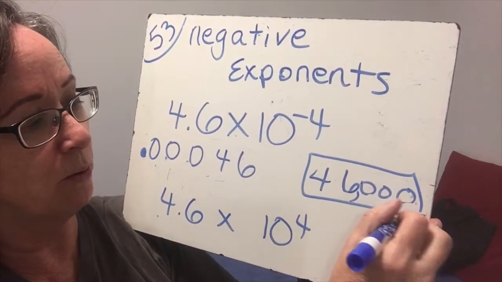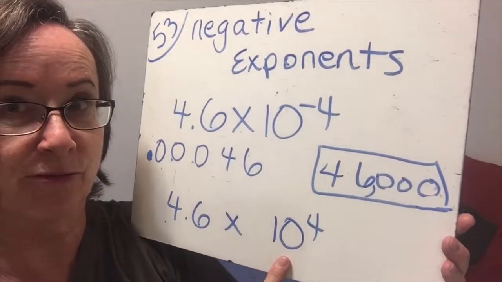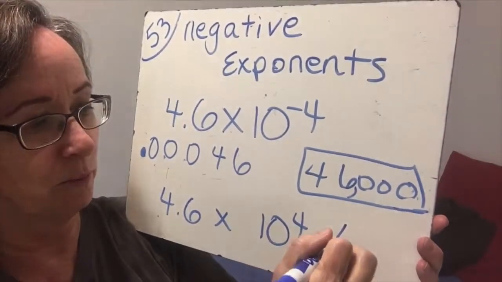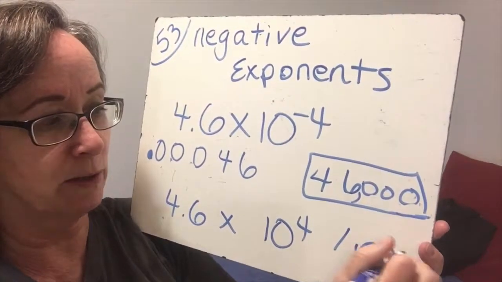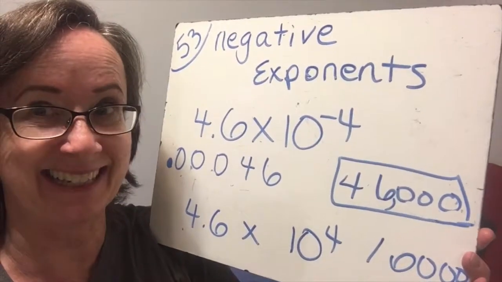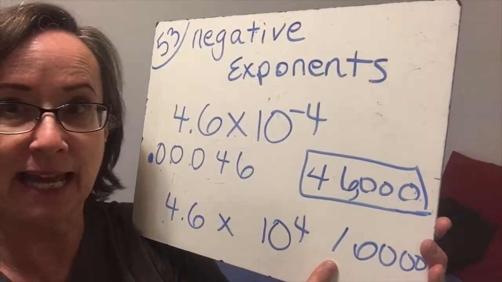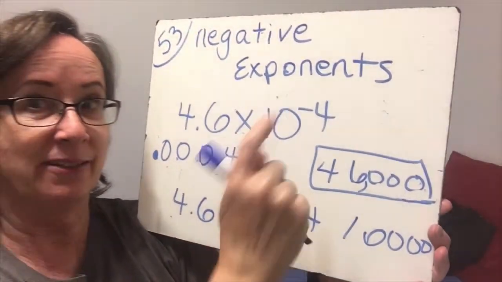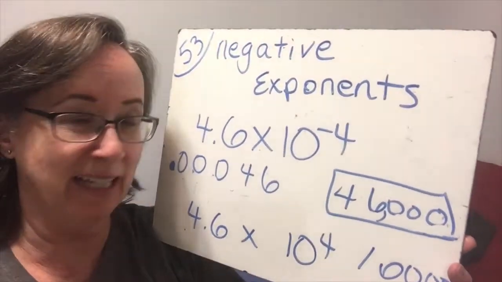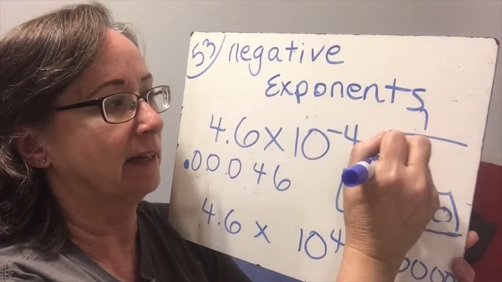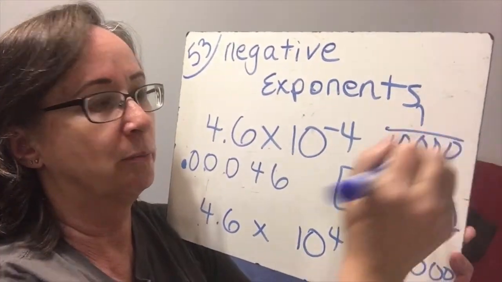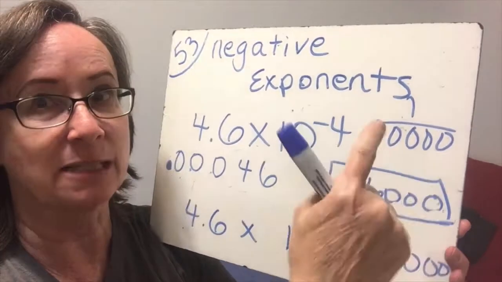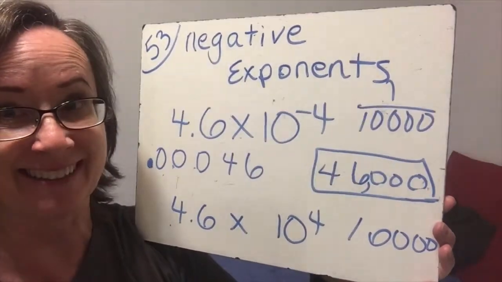So multiplying by 10 to the fourth is multiplying by 1 and 4 zeros. That's the same thing as 10 to the fourth. And it moves the decimal 4 places to the right. Multiplying by 10 to the negative 4 is really dividing by 10 to the fourth. And it takes the decimal 4 steps to the left.